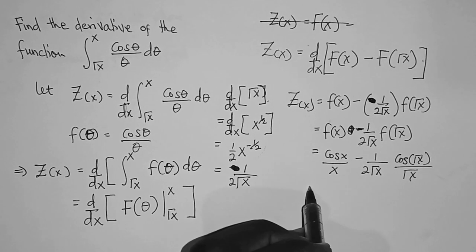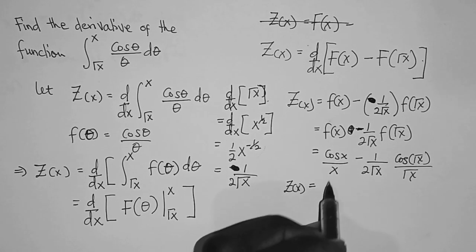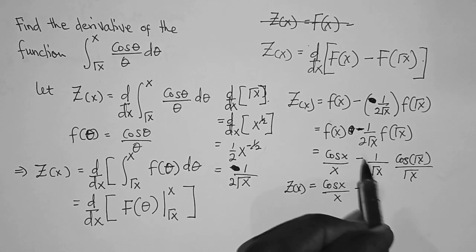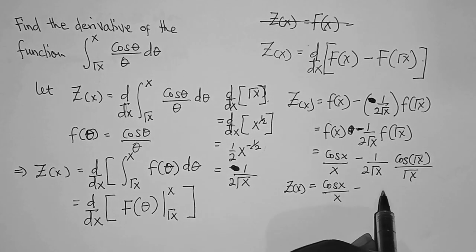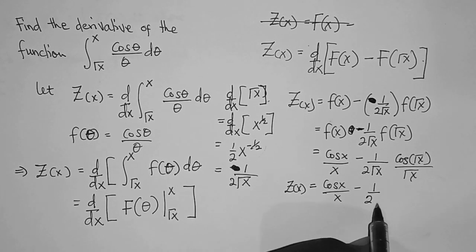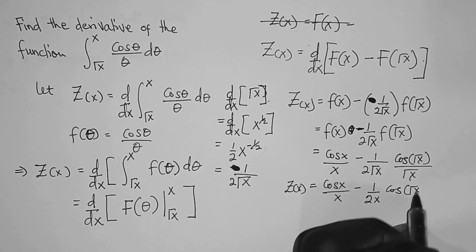So z of x equals cos x over x minus, now 1 over 2 root x times cos root x over root x is 1 over 2x cos root x.